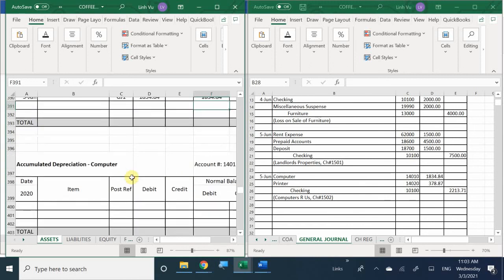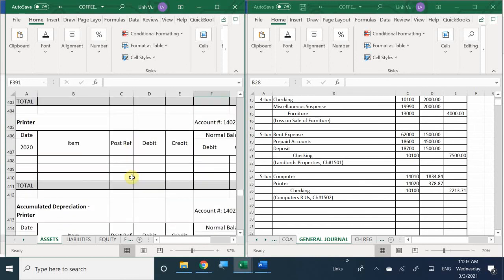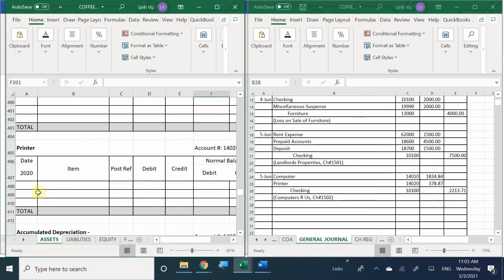Then next is the printer. Here's the printer, and it is for 6.5. We have the item again. You already know you're buying a printer, and the general journal number is number 1.